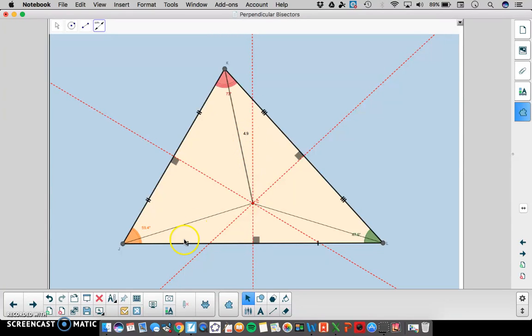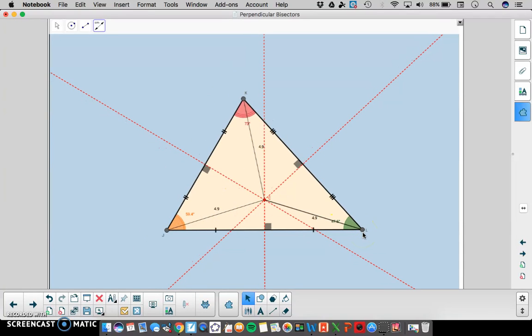Notice that distance is 4.9. This distance is also 4.9. And this distance is also 4.9. So we can see the circumcenter is the same distance away from each one of those vertices. This is actually going to imply that we could draw a circle around this triangle with the circumcenter being the center of our circle and the lengths to each one of the vertices as my radius.